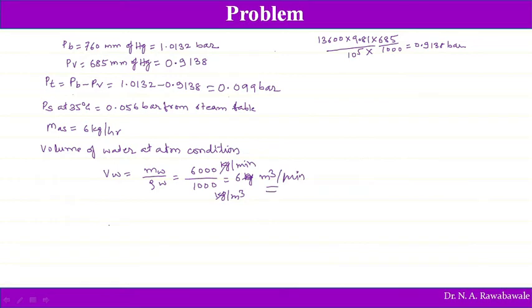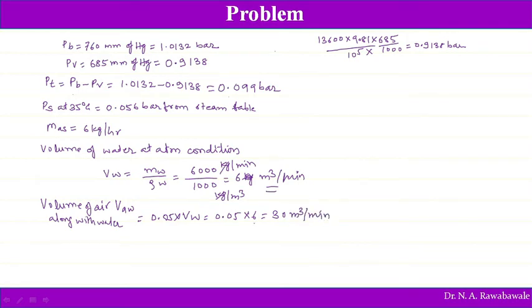So the volume of air, VAW, the volume of air along with water, which is given as 5%, is 0.05 into the volume of water. So 0.05 into 6 will be 0.3 meter cube per minute, the volume of air entering.